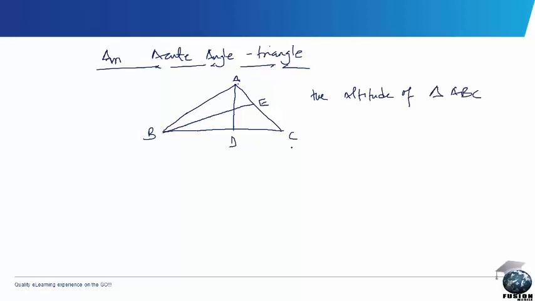That's what we call those lines. And we have to prove that AD is equal to AB sine B, and is as well equal to AC sine C.